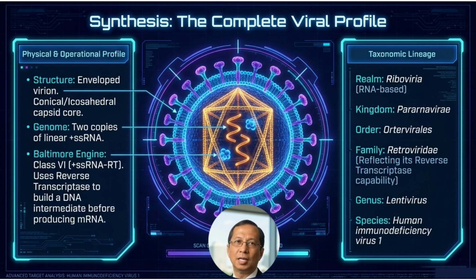According to the Baltimore engine, it belongs to class 6, meaning it's a plus ssRNA RT virus that uses reverse transcriptase to build a DNA intermediate before producing mRNA. Its taxonomic lineage places it in the realm Riboviria, kingdom Pararnavirae, order Ortervirales, family Retroviridae, genus Lentivirus, and species human immunodeficiency virus 1. The family name Retroviridae directly reflects its reverse transcriptase capability.